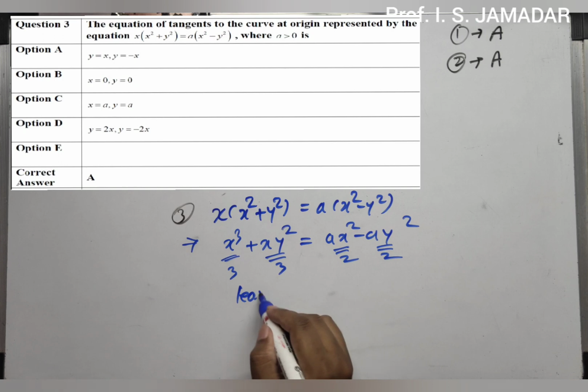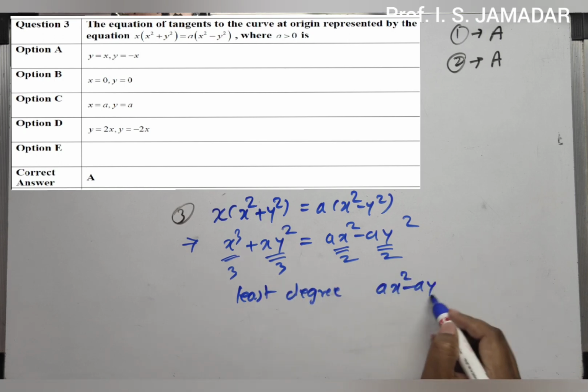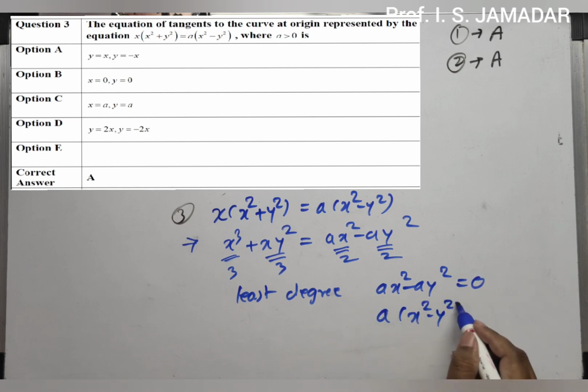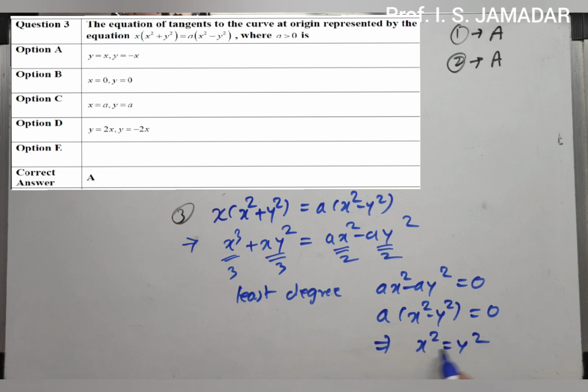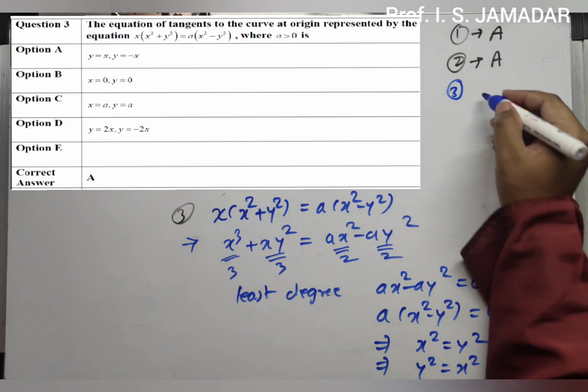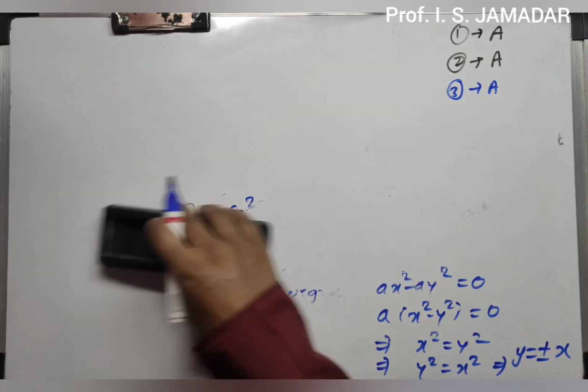So the least degree term is a x square minus a y square equated to 0. So a into bracket x square minus y square equal to 0. That will give you x square equal to y square, which implies y is equal to plus or minus x. So y equal to x and y equal to minus x are the tangents at origin. So for question number 3, the correct answer is option A, by equating the least degree term to 0.